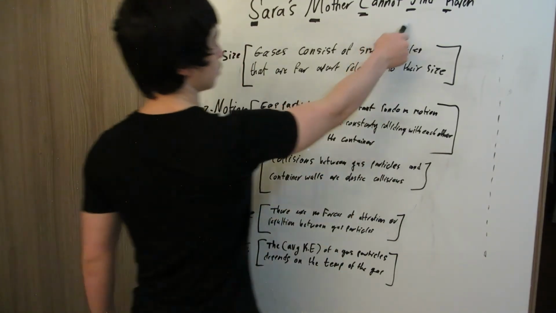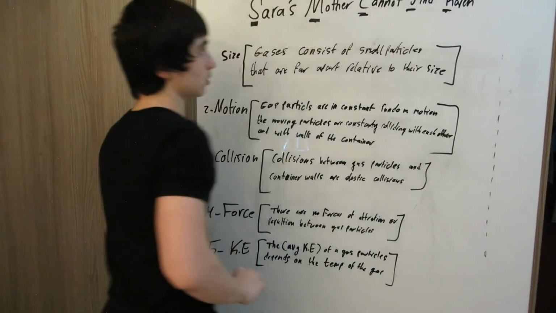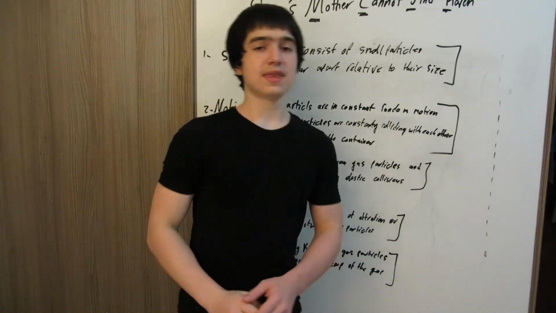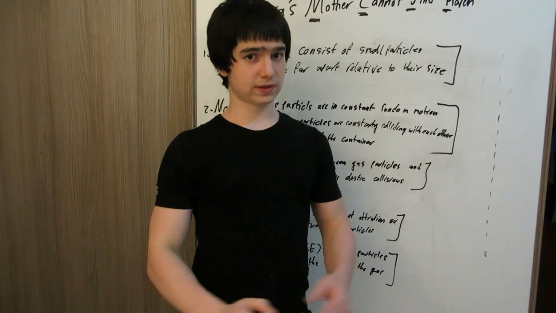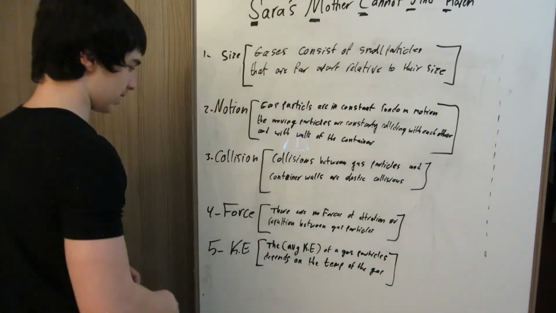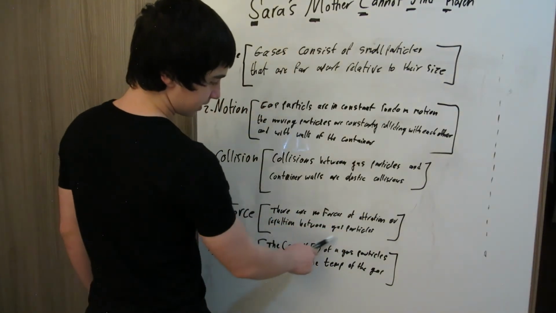Now let's go for the letter F, for the word find. Here it's the fourth rule. What does it say? There are no forces of attraction or repulsion between gas particles.